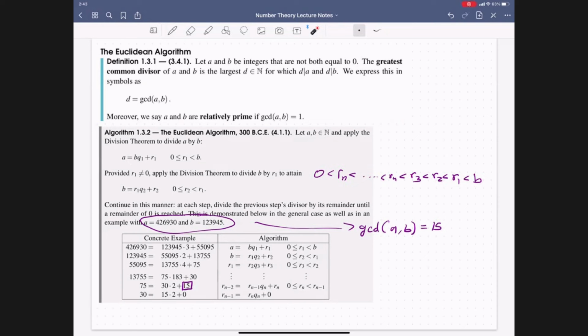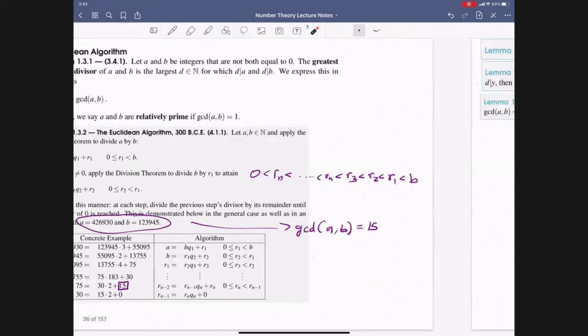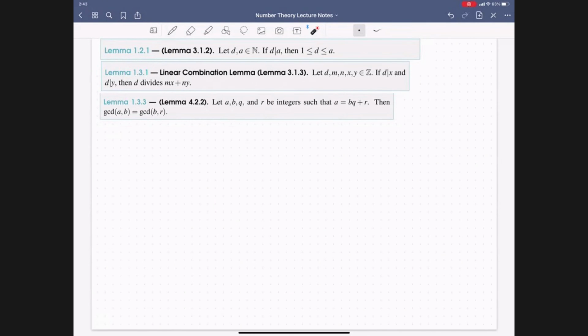GCD of a, b equals GCD of r1, r2, which is equal in turn to GCD of r2, r3, GCD of r3, r4, all the way until we get to the very end. And so this lemma really is the key step to proving the Euclidean algorithm. Once we have this, the proof will follow automatically, essentially.